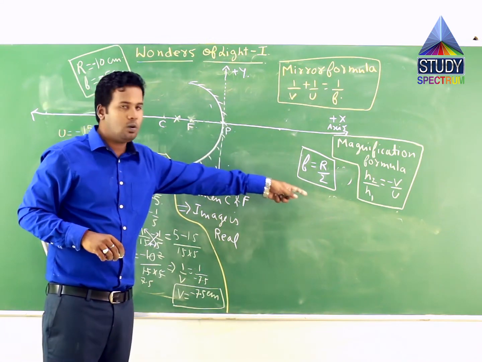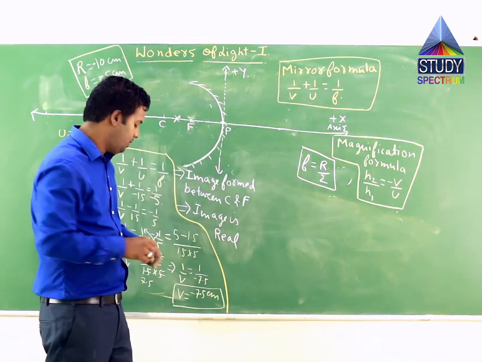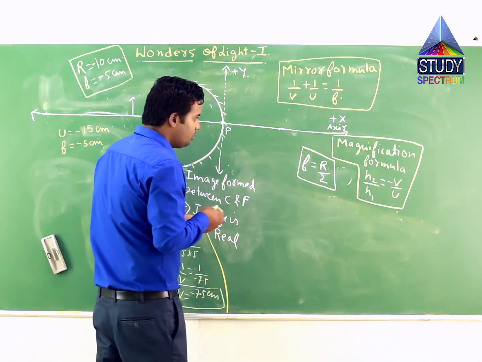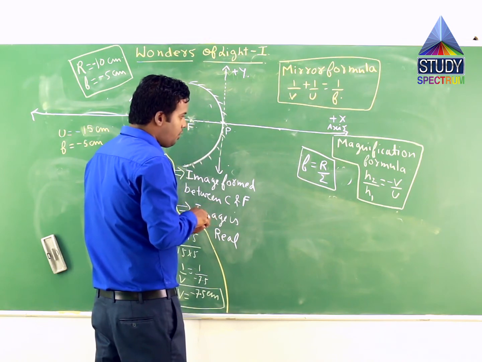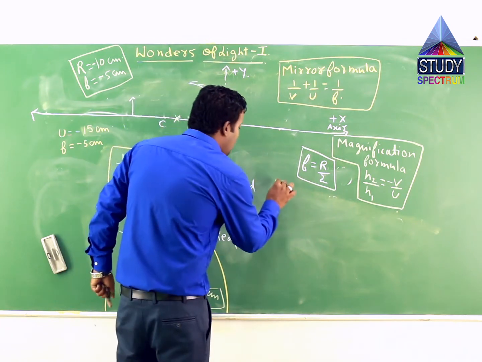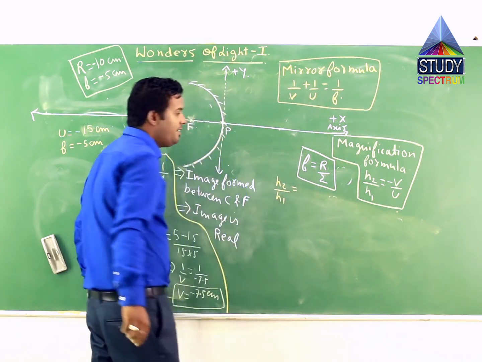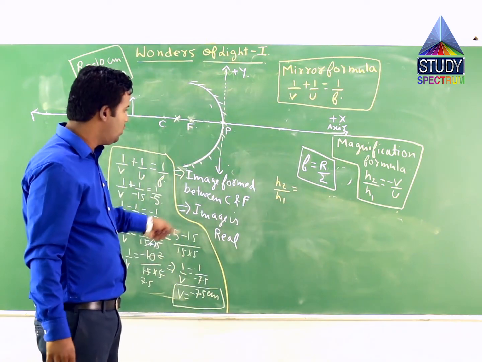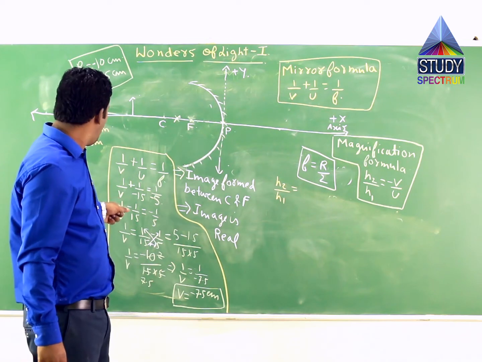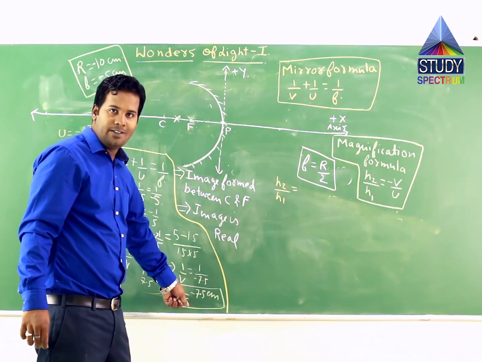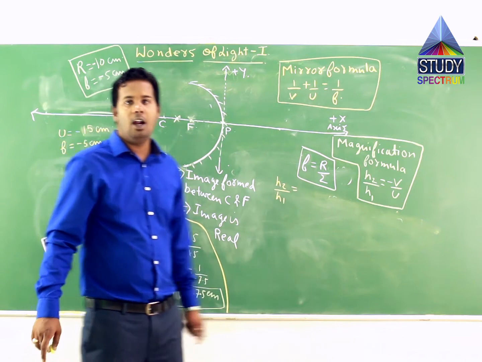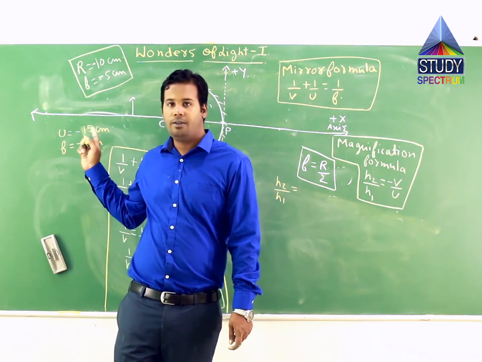We'll calculate the rest of the two results using the magnification formula. If I use this magnification formula, height of image h2 by h1 is equal to, I will substitute the values of v and u in this formula. The value of v comes out to be minus 7.5 centimeter and the value of u which I have taken is minus 15 centimeter.